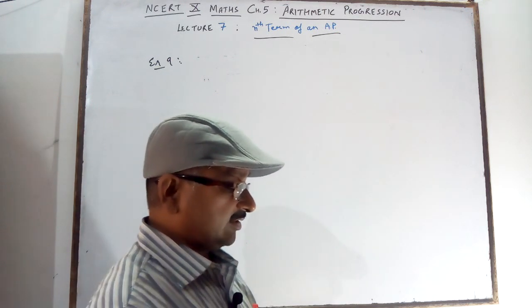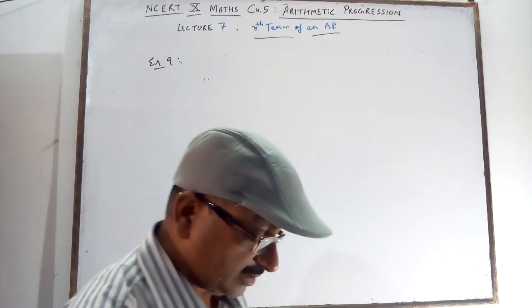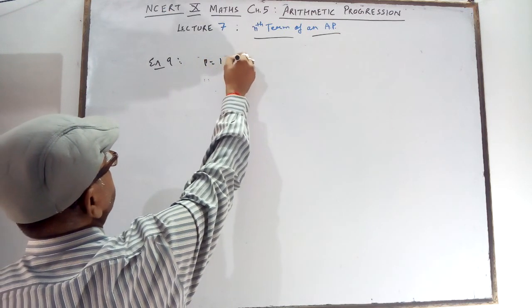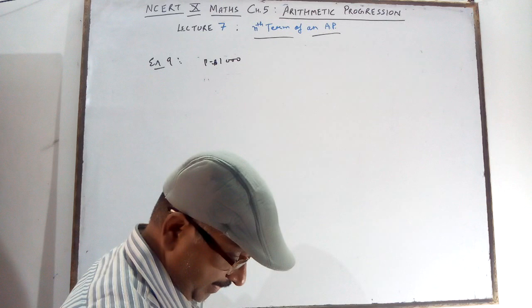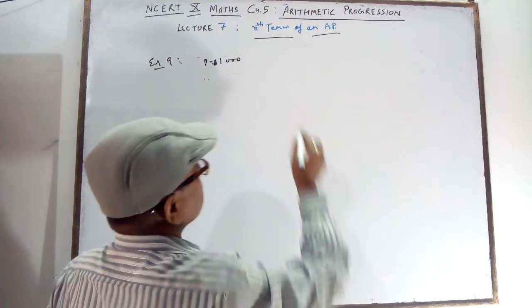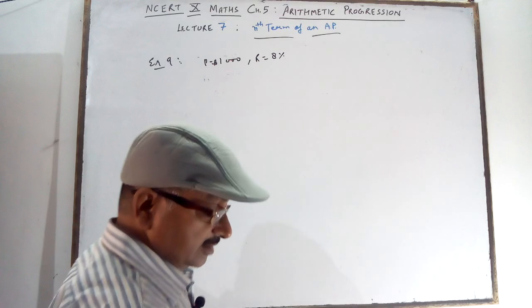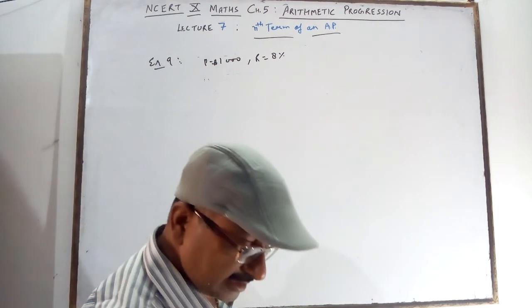Do these interests form an AP? 1000 is the principal amount given, and the rate is given 8% per annum. Every year you want the interest.